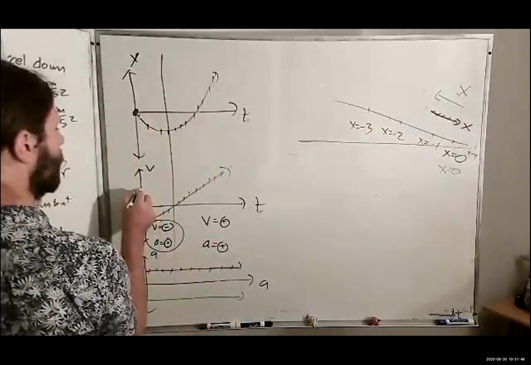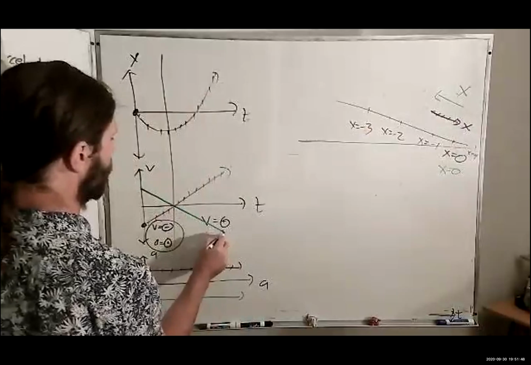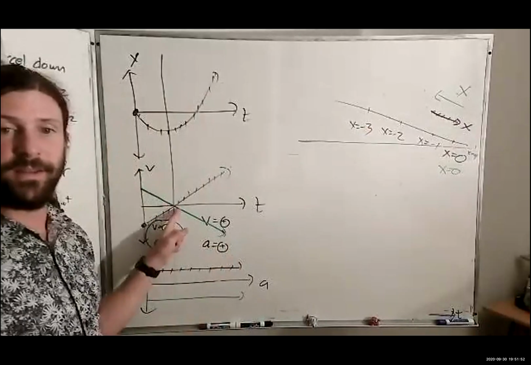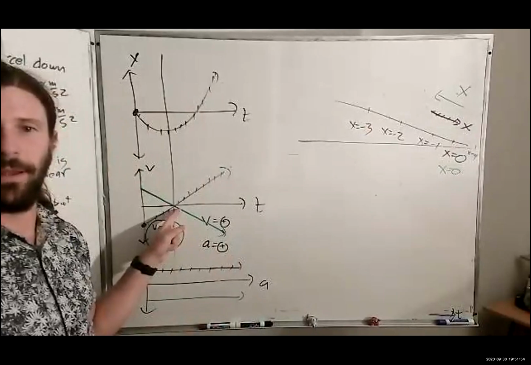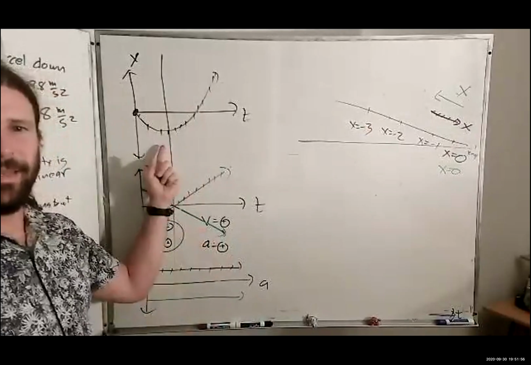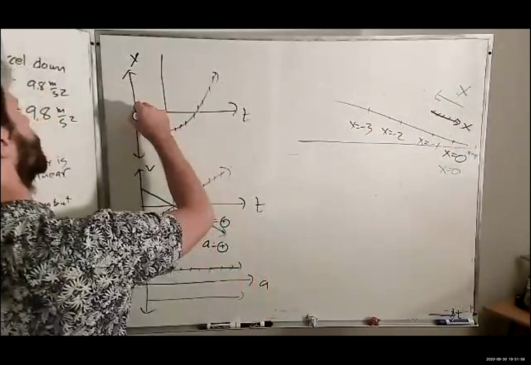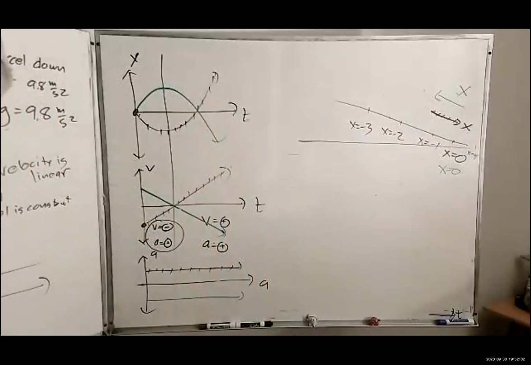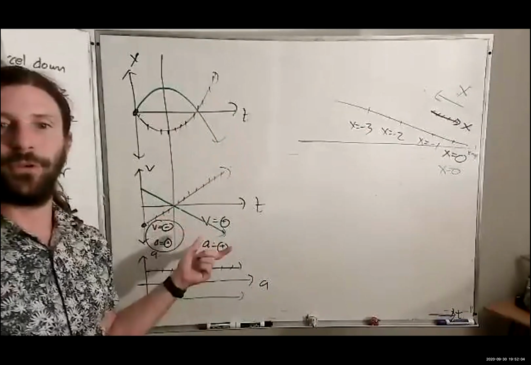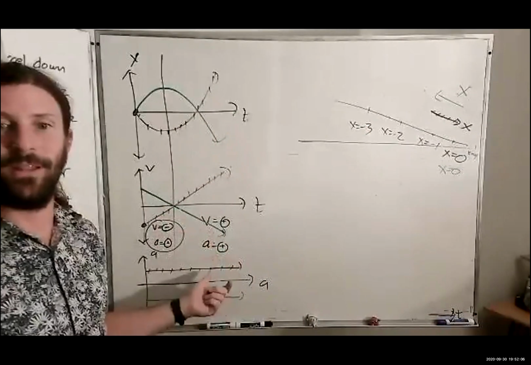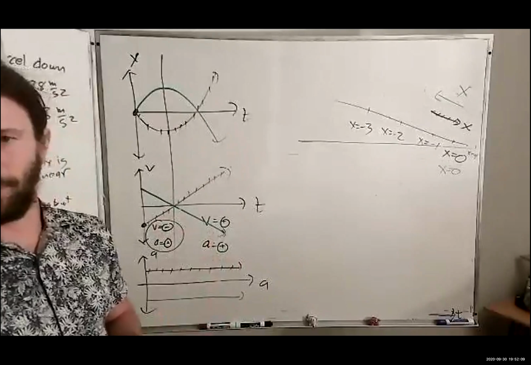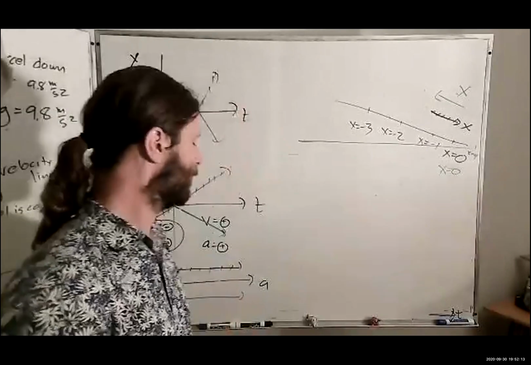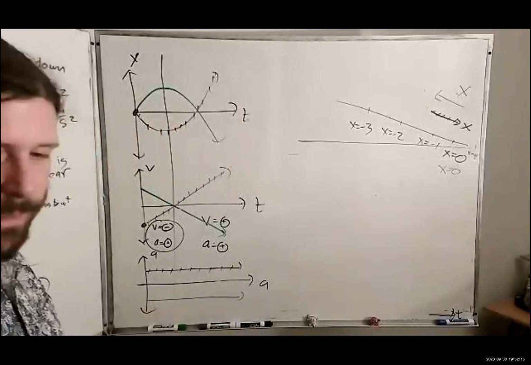It starts off with a positive velocity. It gets to 0 at the same spot. And then here, I guess it's just a mirror reflection. Look at that symmetry. Parabolas, lines everywhere. Pretty cool looking. But that's what it would be like keeping that same x equals 0.